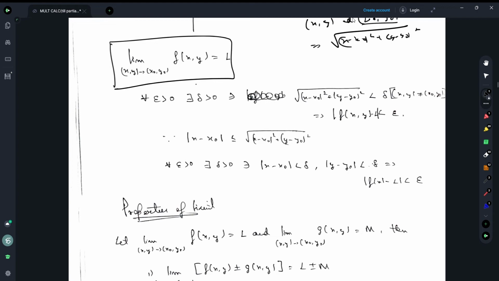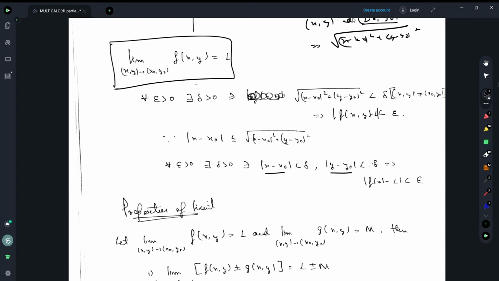Okay. Now what we can do here is that (x,y) getting close to (x0,y0) means that on the x-axis x is getting close to x0, and on the y-axis y is getting close to y0. So we can define that (x,y) is getting close to (x0,y0) as x is getting close to x0 and y is getting close to y0. That is, x is getting into the neighborhood of x0 and y is getting into the neighborhood of y0.